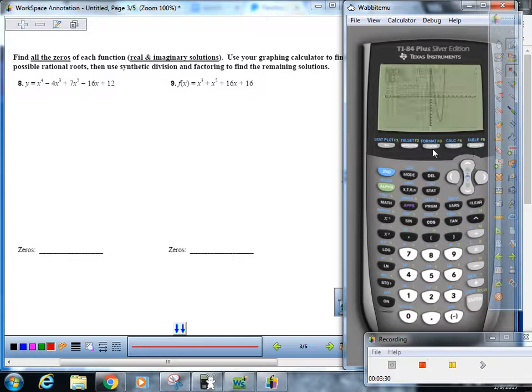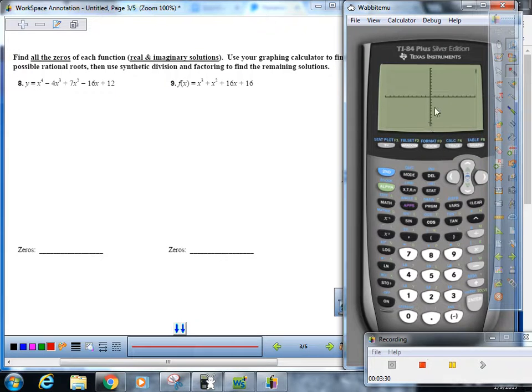Let me zoom out. So hit zoom, 3, enter. And so we can see, I'm going to zoom back in. Alright, so we can see two of them. And it looked like there's only two that we can find out.